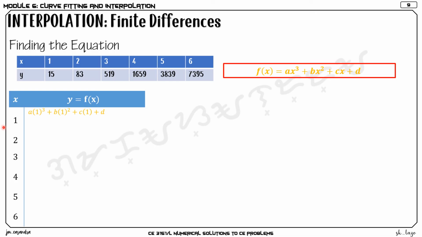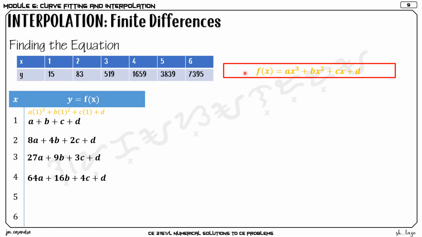So we'll have now a times 1 cubed plus b times 1 squared plus c times 1 plus d, which is simply a plus b plus c plus d. For y of x equal to 2, we'll have now 8a plus 4b plus 2c plus d. And substituting 3 in this equation, we get 27a plus 9b plus 3c plus d.